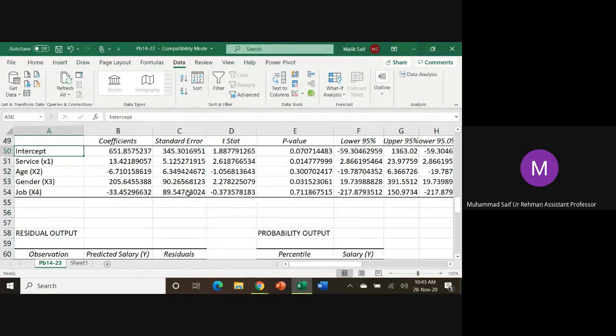Normally in the question paper these values are given, so we can take help of them.